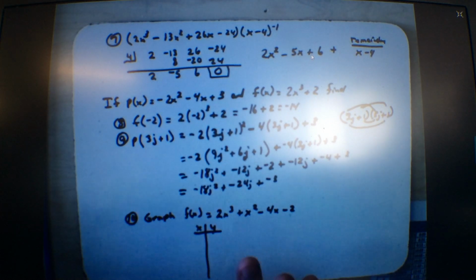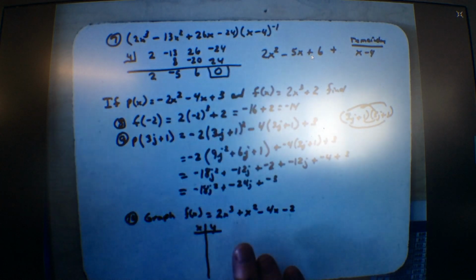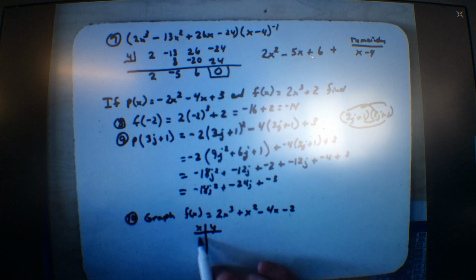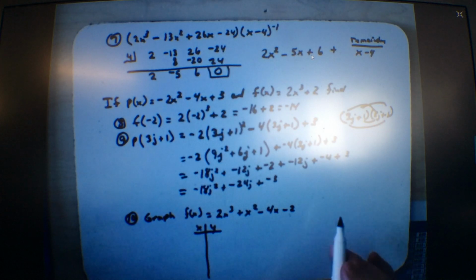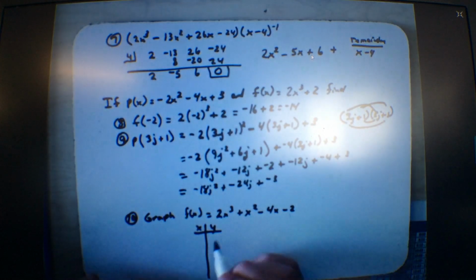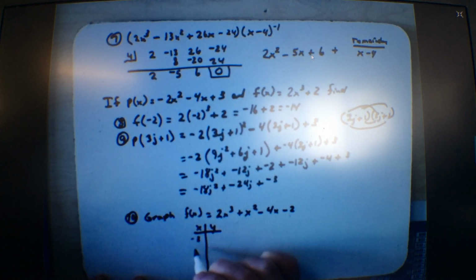Can you just put it on your calculator and list the points? Yeah, you can. I'm allowing you to use your graphing calculator. So what I want is a table, and then we'll graph it. If you want to plug points in, or you just read your table, but let's start with a negative 3, and let's go to 3.